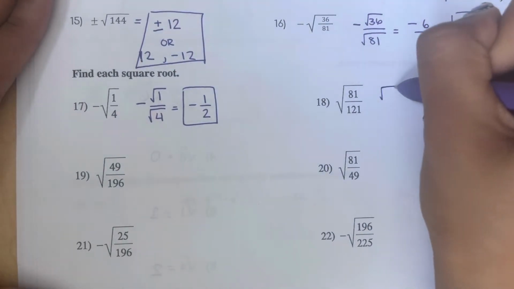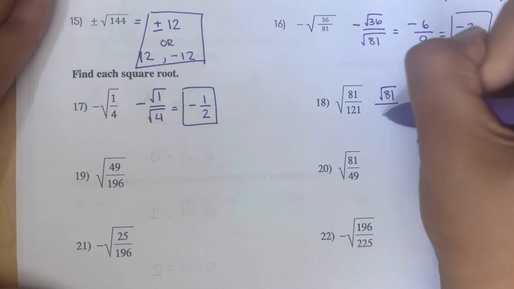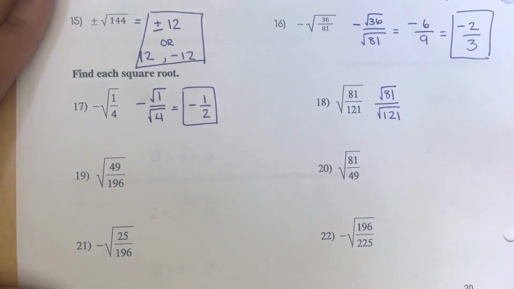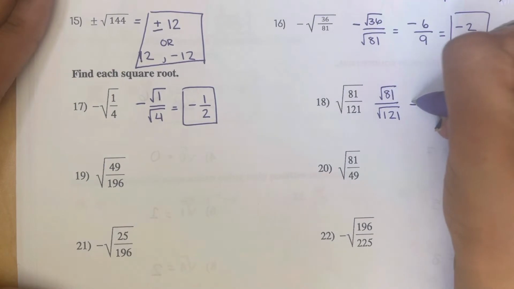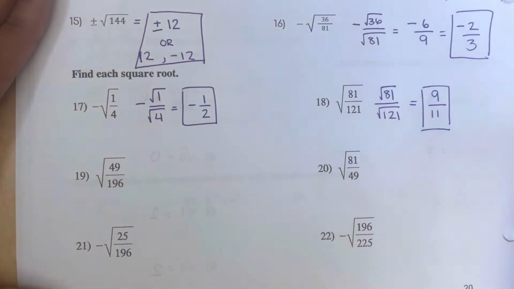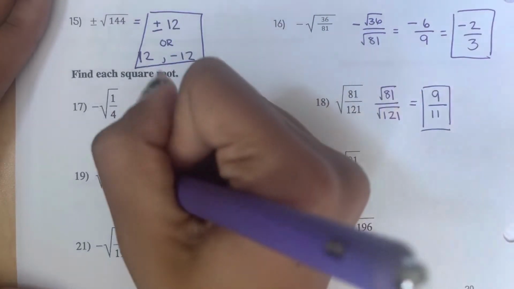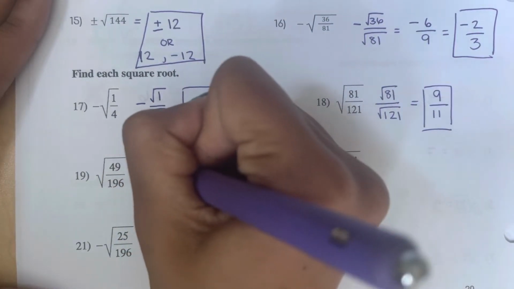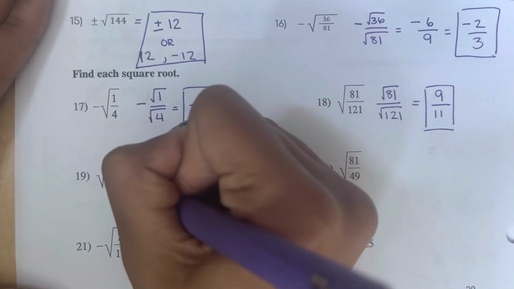The square root of 81 over the square root of 121. That'll give you 9 over 11. The square root of 49 over the square root of 196.